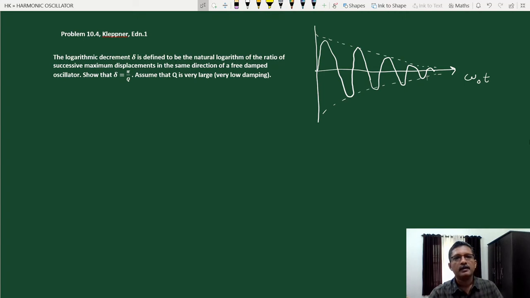Here what is meant by a free damped oscillator? Damped oscillator means a damping force is acting on it. Free means other than the damping force, there is no other driving force acting on it. There is no force driving this oscillator. This becomes clear when we consider a forced oscillator.